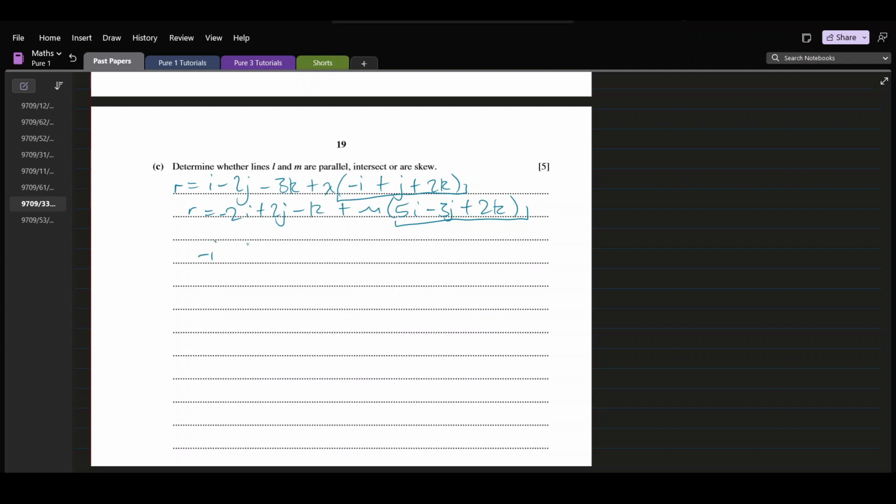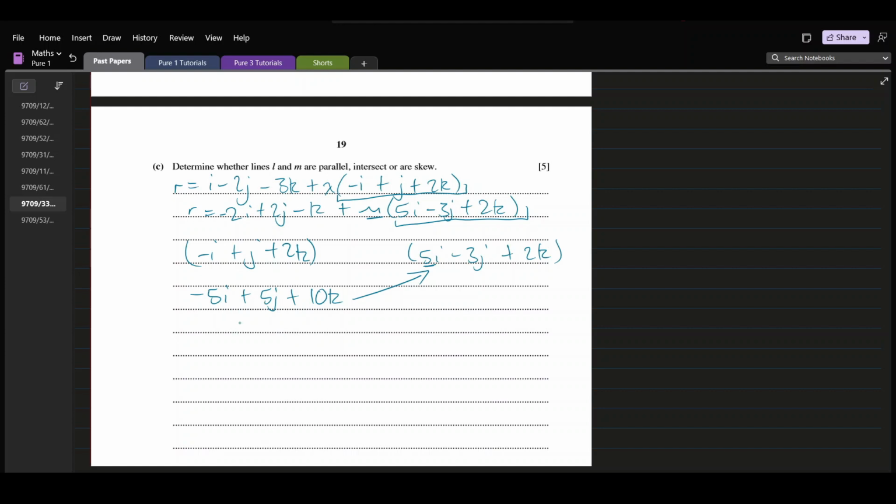So for example, negative i plus j plus 2k, that's our direction for L, and 5i minus 3j plus 2k, that's our direction for M. If we were to multiply the first direction vector by 5, we'd end up with negative 5i plus 5j plus 10k. You can see that this does not give us the direction vector for M. So that means that these two lines are not parallel.